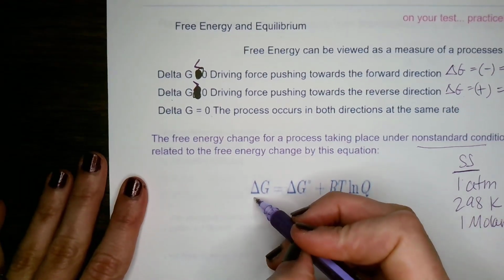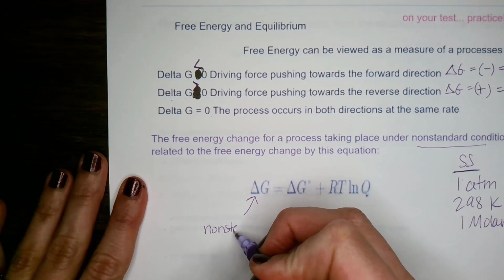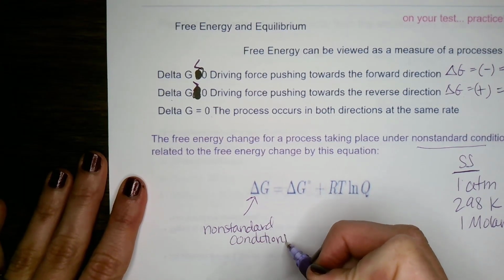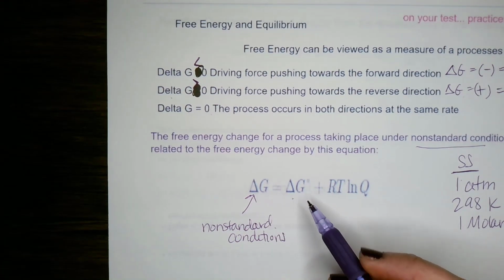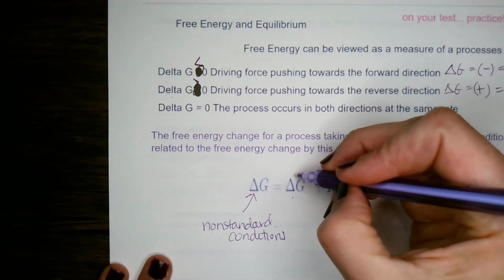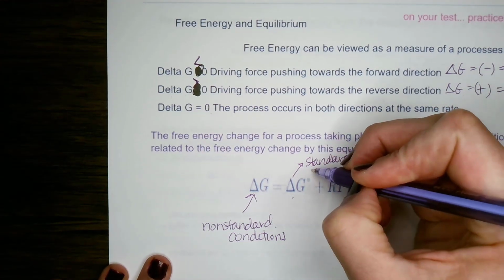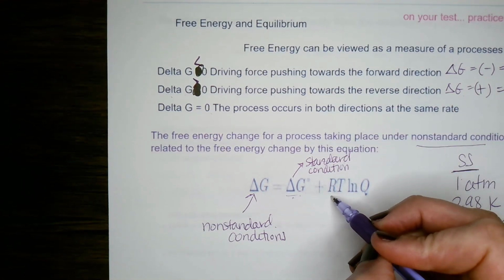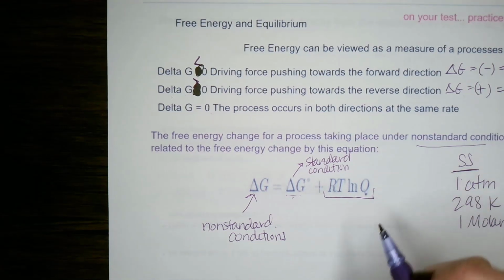So we're able to find that this regular delta G is for non-standard conditions. And to do that, we take our standard condition delta G, plus RT natural log of Q. Now what does that mean?